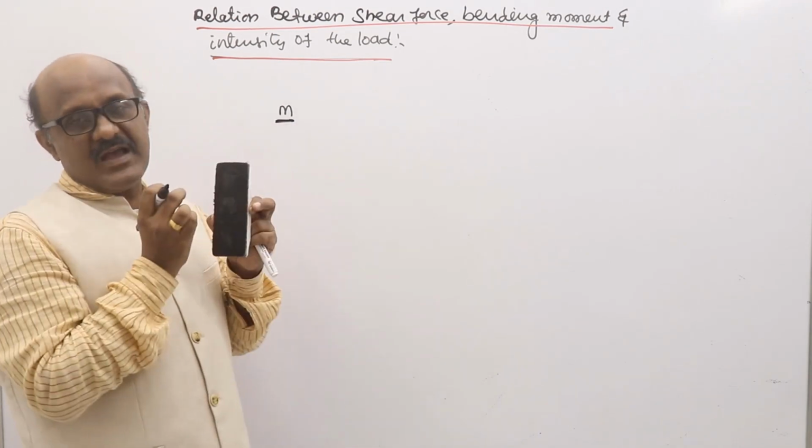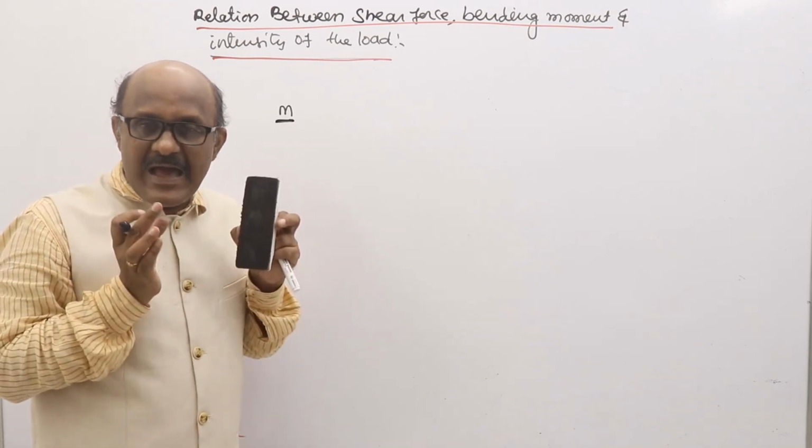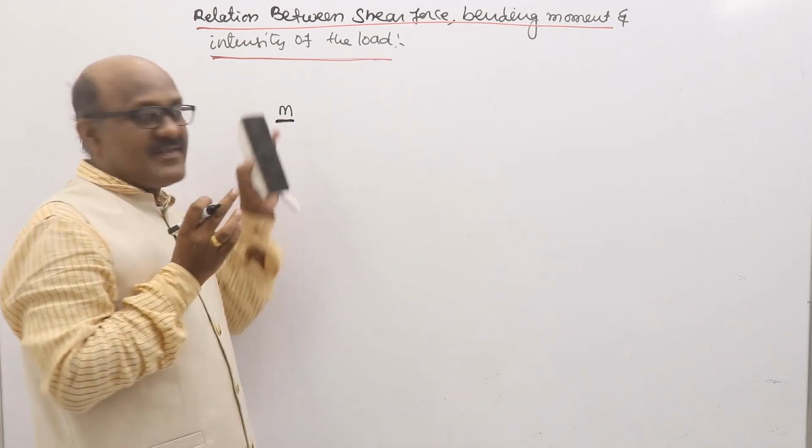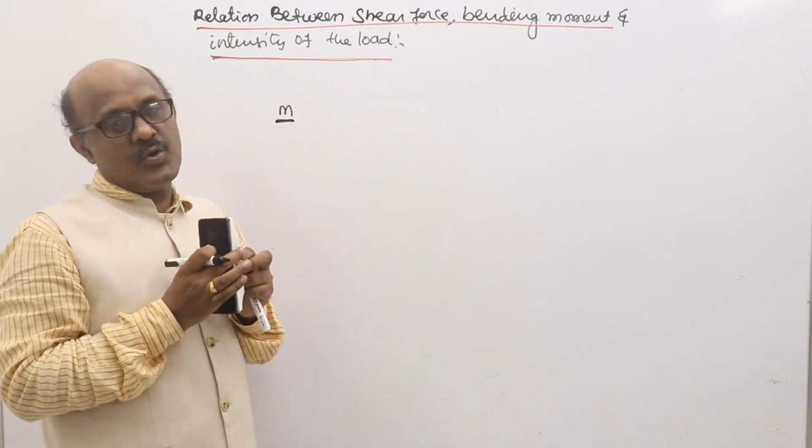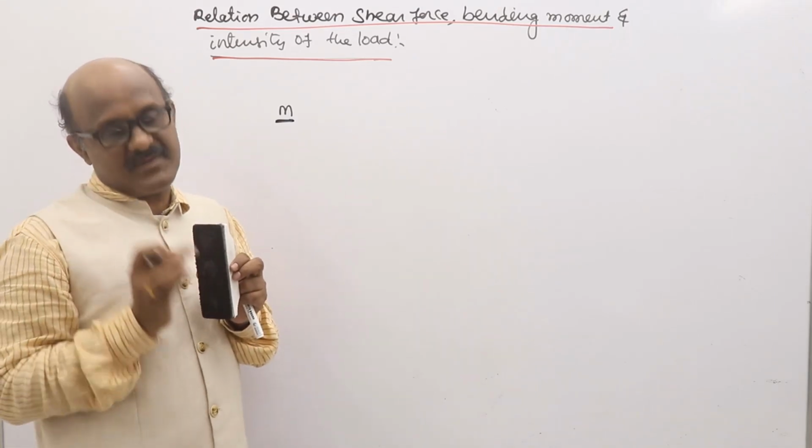For this equation, how to find out the maximum value? Differentiate this equation with respect to the variable and equate to 0. We will get the condition for maximum.